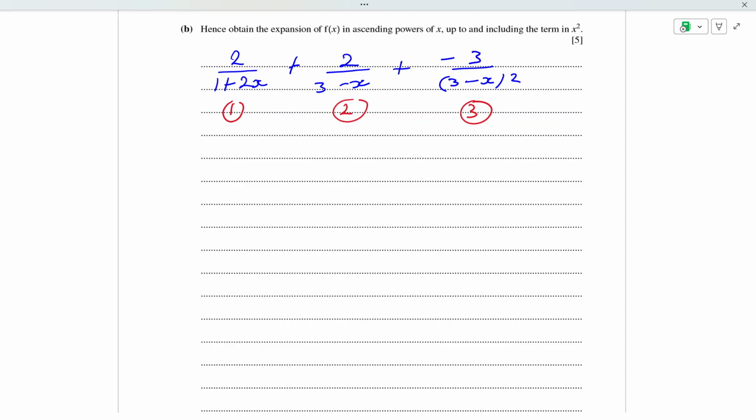All right, so first part: you want it to be 2(1 + 2x)^(-1). Then you have n equal to -1 and x. I will also write x-bar to differentiate it from the x that is in the function. Then the formula that you want to use for doing the expansion is 1 + nx.